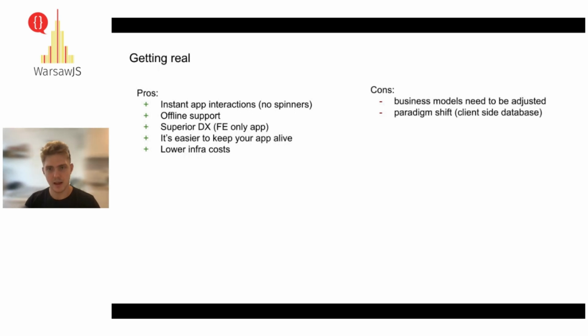And the paradigm shift in general is a problem, because we are used to one way of thinking about our apps, like there's a REST API or a GraphQL or something like that, and we talk to our backend. There's a centralized database. Now you're dealing with a distributed system. You have many databases that synchronize with each other.